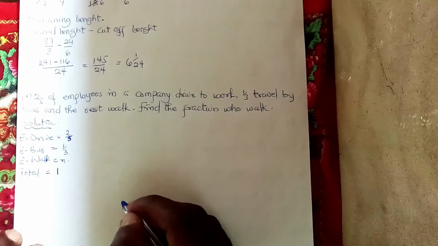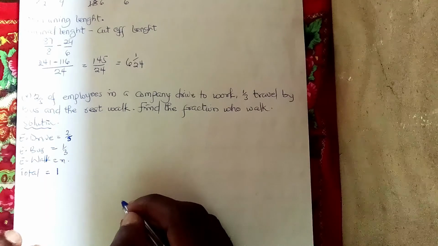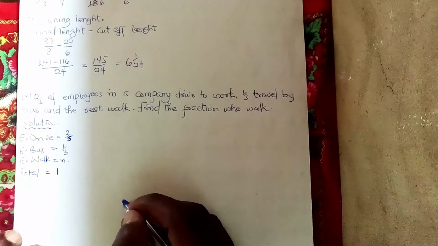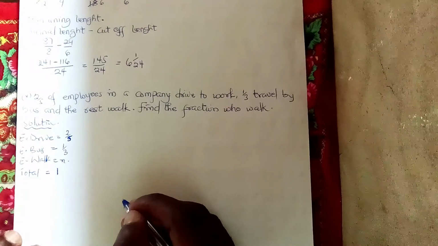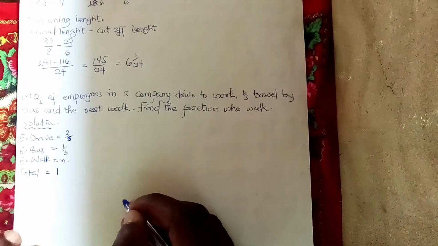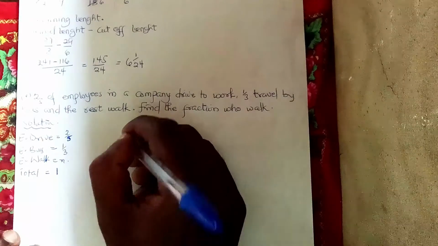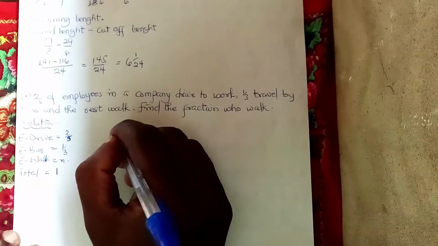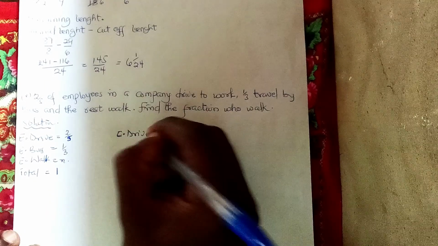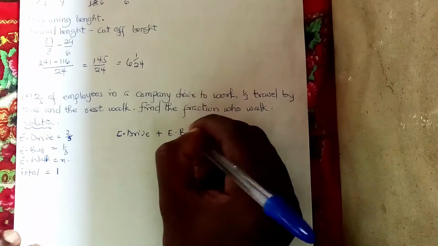So in order to get the fraction of people that walk, we add those that drive and those that use the bus, and we subtract from the total to get the fraction of employees that walk. So let's add them first. We have employees that drive plus employees that use the bus.